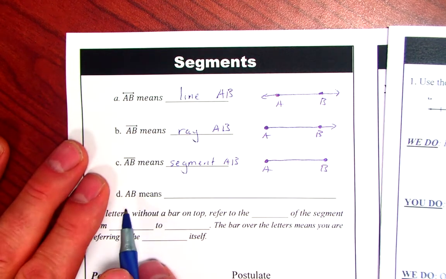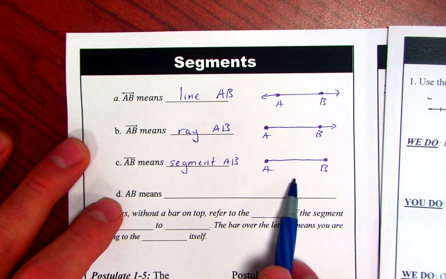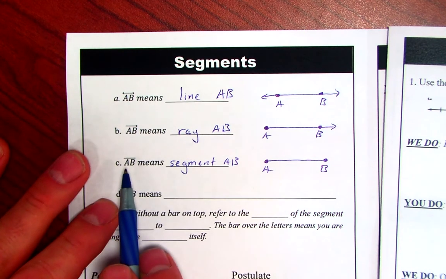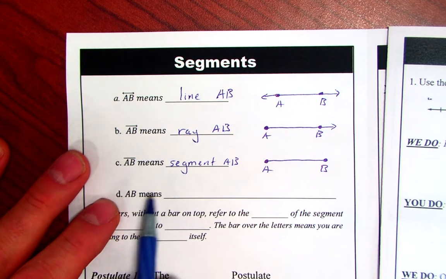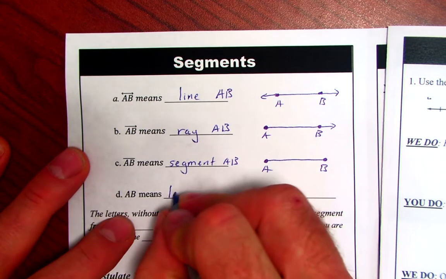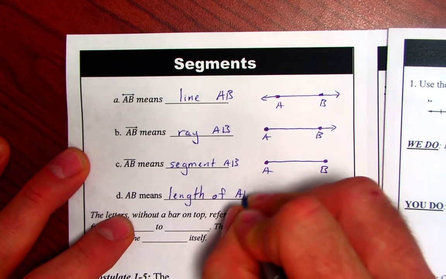And this last one's new. AB without anything on top of it is referring to the length of that segment, but not the segment itself. Right? So this means that segment. AB means the length of it. So we're going to write length of segment AB.